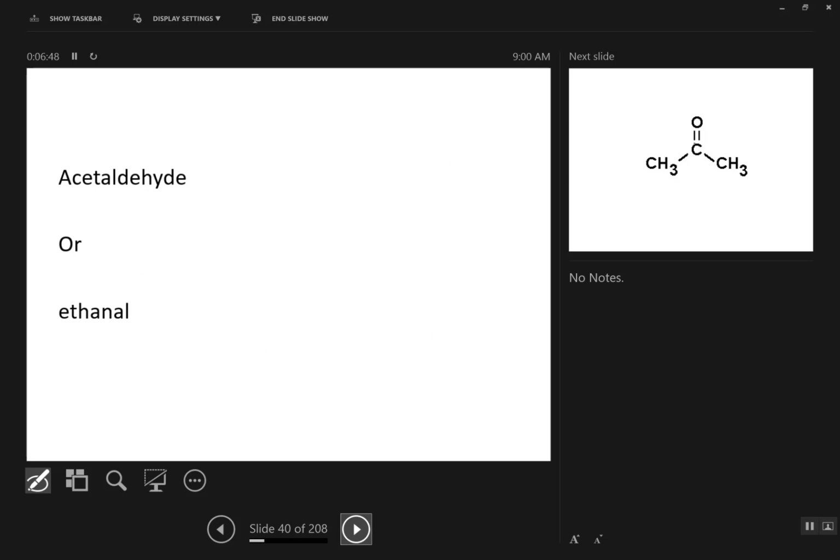Okay, so here they are. We have ethanal, and we have acetaldehyde. You guys know what acetic acid is? Acetic acid is vinegar, and acetic acid is a 2-carbon acid. So here's your aldehyde.